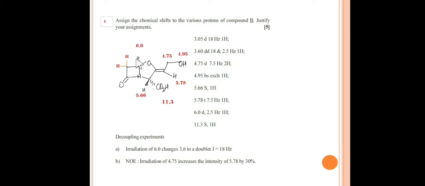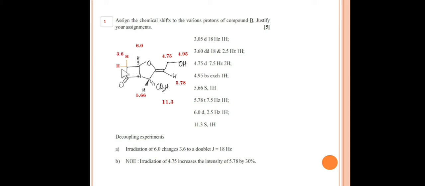Now this is coupling with one of the protons from this side, and also this proton will couple with this proton in geminal coupling. So the signal at 3.60 shows a doublet of doublets, 18 Hertz and 2.5 Hertz. That means this is the geminal coupling constant and this is the vicinal coupling constant. That means this proton will come around 3.60, showing a doublet of doublets.